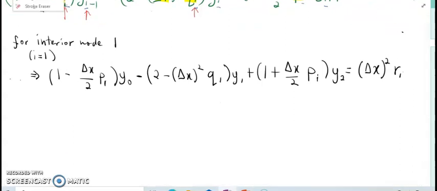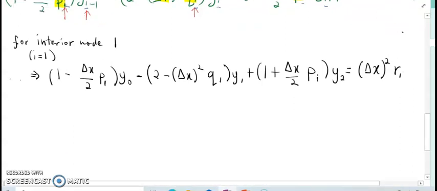Maybe I can write p1 only as p, q1 only as q, and r1 only as r, because p, q, r are the known values. You can get these values from the problem statement.